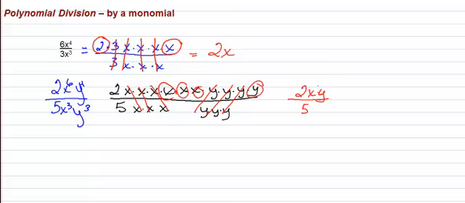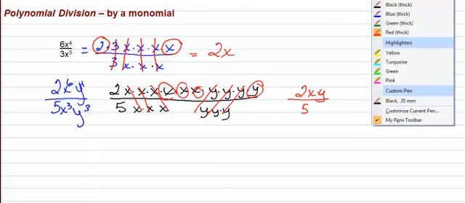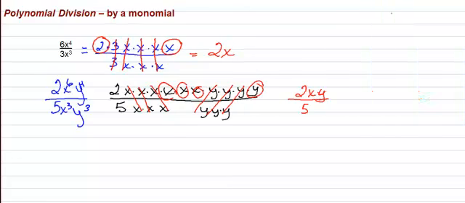Now, we can certainly do this using the exponent laws also. So let's do this bottom one using the exponent laws. Get the red back. That means we're going to look at this and this. So we have the 2 over 5, and then we have x, 6 minus 3, y, 4 minus 3.